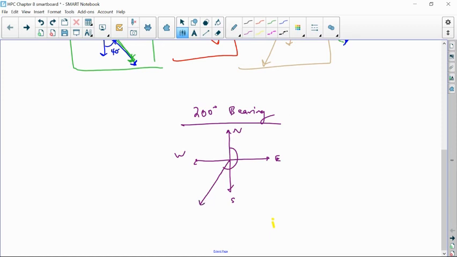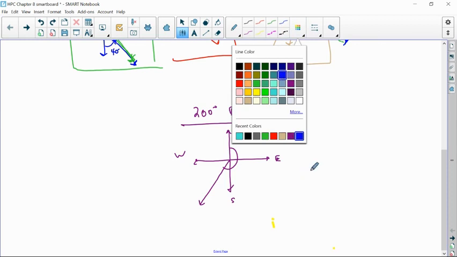Okay. But let's come up with two other ways to represent that particular trajectory. It seems that it's more like the southern hemisphere, so to speak, or the southern quadrants. So that's kind of how I would start. So one way I'd say is we'll start at the south and go this much, that acute angle, towards the west.